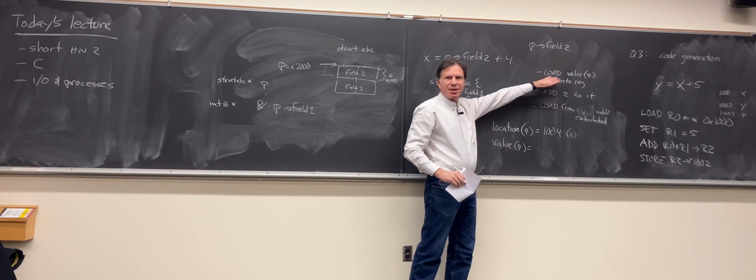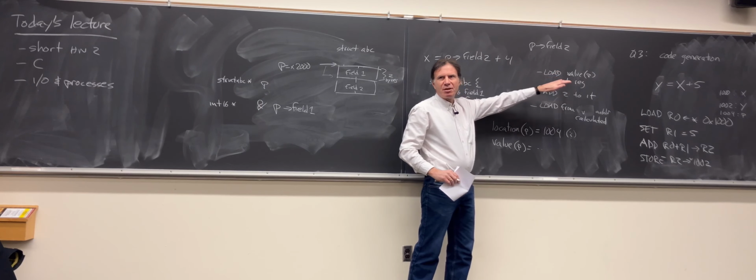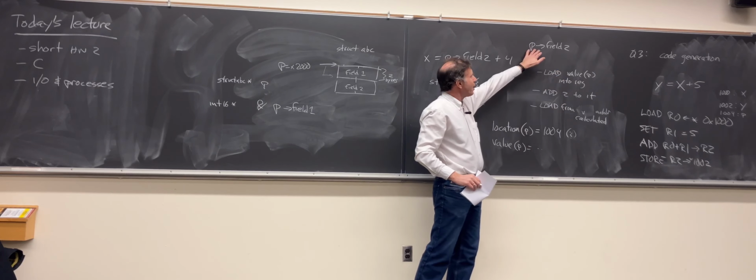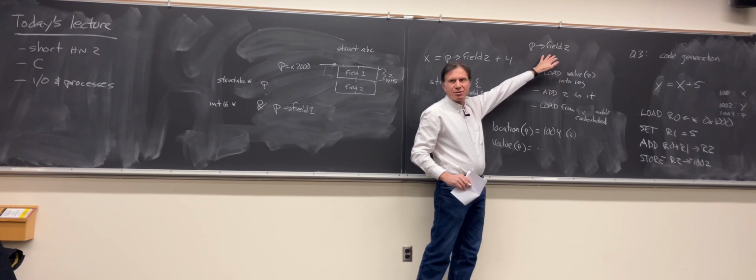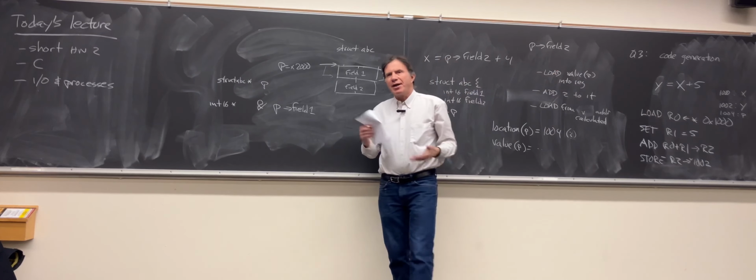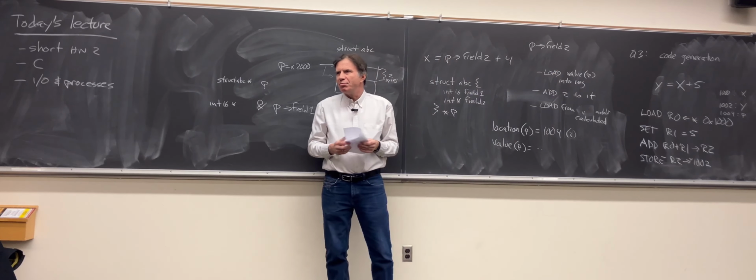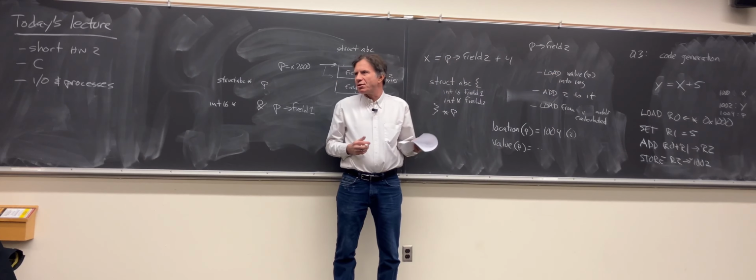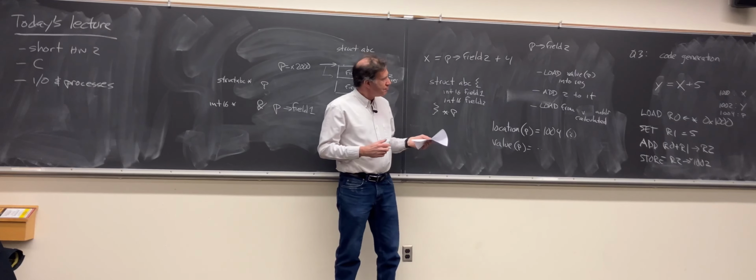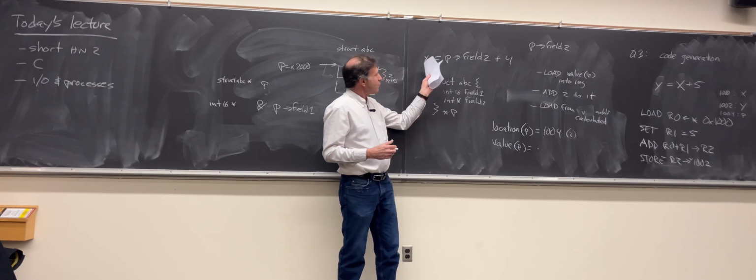It contains something that we can use to figure out that address. We load the value of P, we add 2 to it, and now we have the address of P points to field 2. Now we can finally load P points to field 2 into a register and add 4 to it and store it into X.